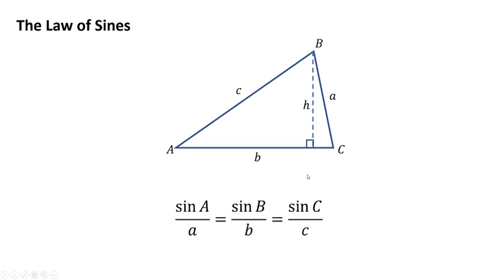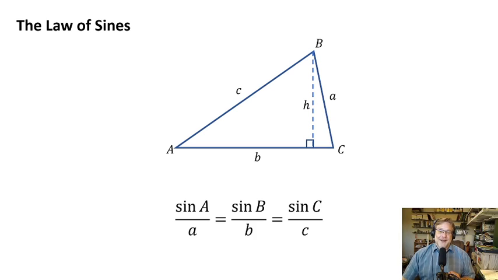This is a relationship that's true not just for right triangles. This is true for all triangles. We can always use this, no matter what kind of triangle it is. And that's what makes this so powerful here. You're about to see just all the ways in which we can apply this.